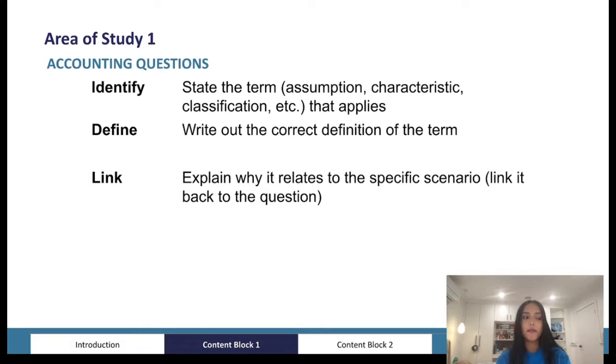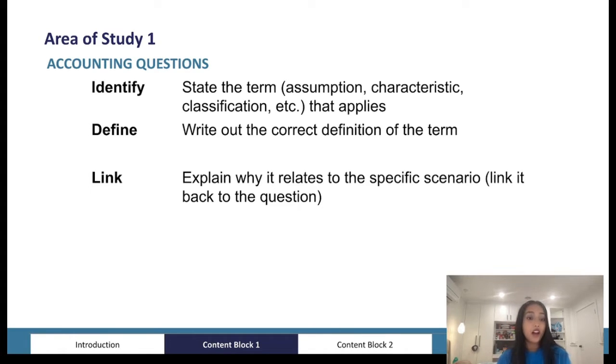So the third mark, what examiners are really looking for, is students who are able to link their responses, their theory answers, back to the context of the question. For example, that might just be saying the specific amount that was that current asset. Even just that.